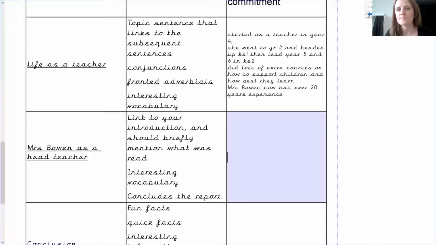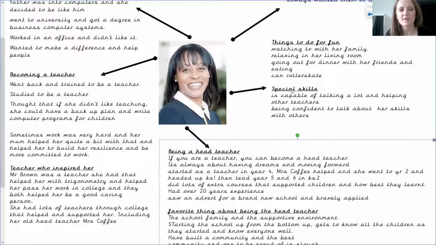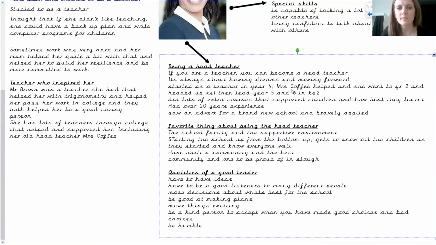If we go back, we've got that she is at a school that is seen as a school family, and one of the things she's really proud of is that it is a very supportive environment. And her favorite thing was obviously having built a community within the school. Our school is a community, and it's the best community she's in, and one to be proud of in Slough.